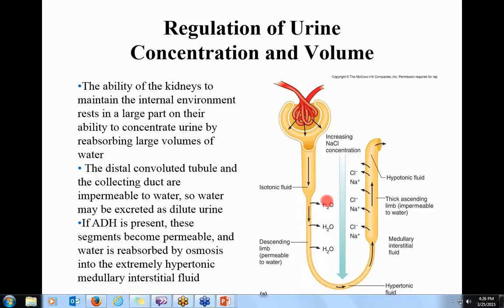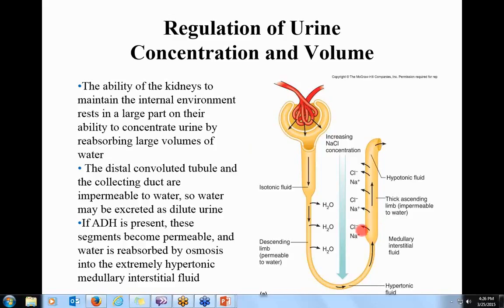If you remember, water is passively transported via osmosis out, back into the capillaries. Here in the ascending loop, these are not permeable to water, but sodium and chloride ions are being actively transported out.